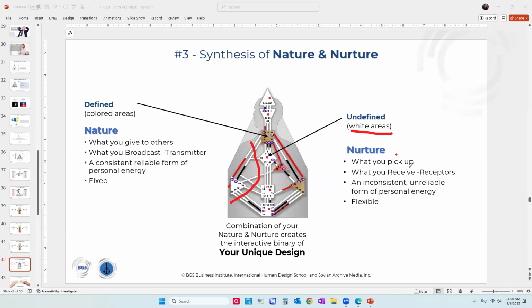This is where you receive from others, positive or negative, right? That's the whole idea of the conditioning. It's a receptor. And this is an inconsistent, unreliable form of personal energy. Lots of other things can happen here, but we're flexible in a sense in this place, when we have this openness in our design.